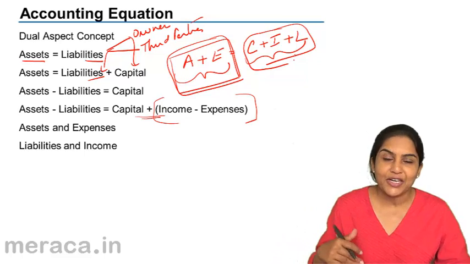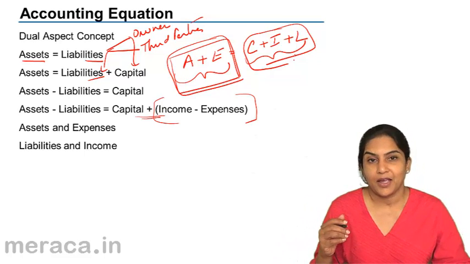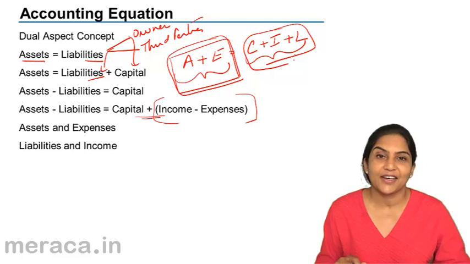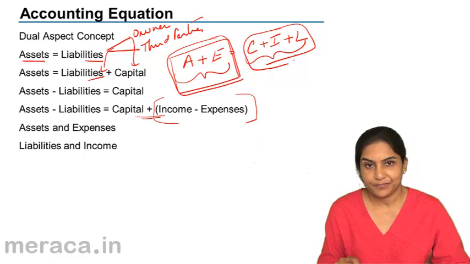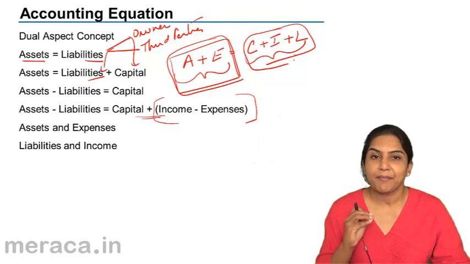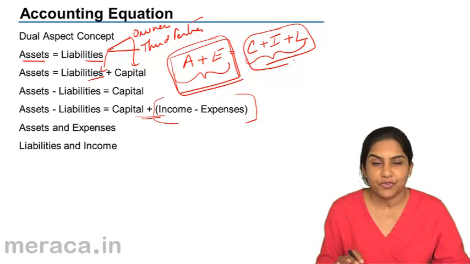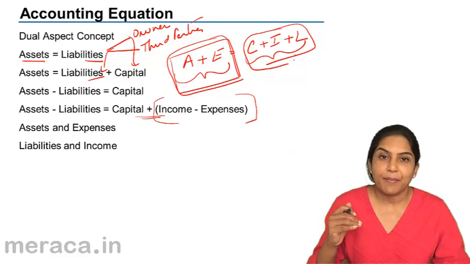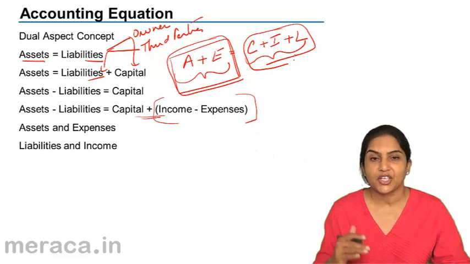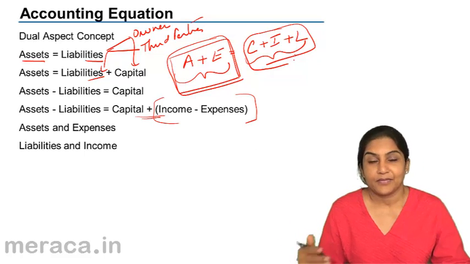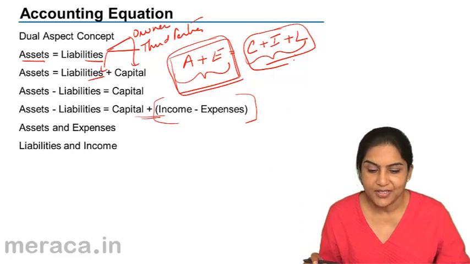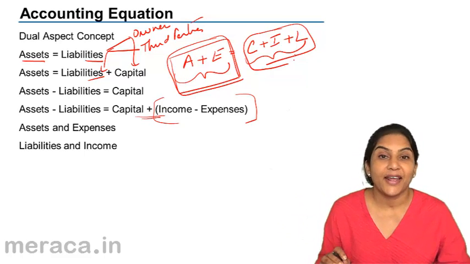But if the benefit is expected to be received only in the current year, it's called an expense. If the business buys furniture and expects to use it for 3 years, since the benefits will be there for the next 2 years, furniture would be called an asset.